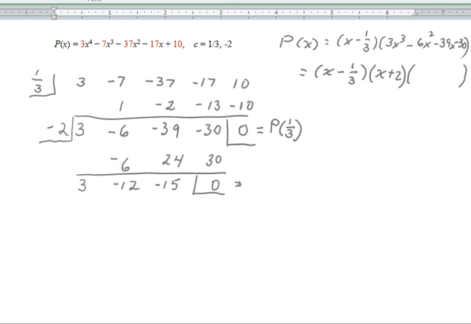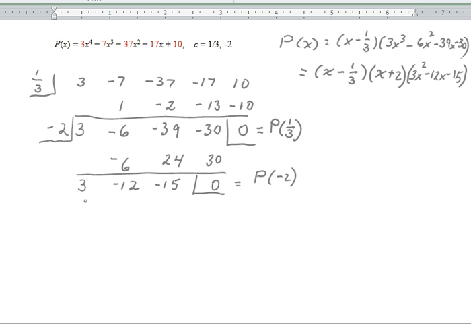And now this confirms that P of -2 is also 0. We're left with the second degree polynomial, 3x squared minus 12x minus 15.